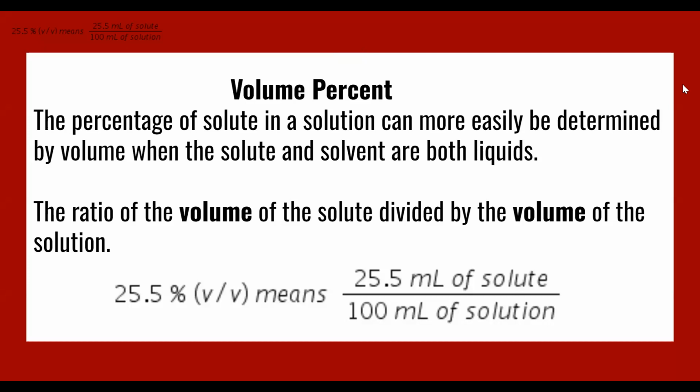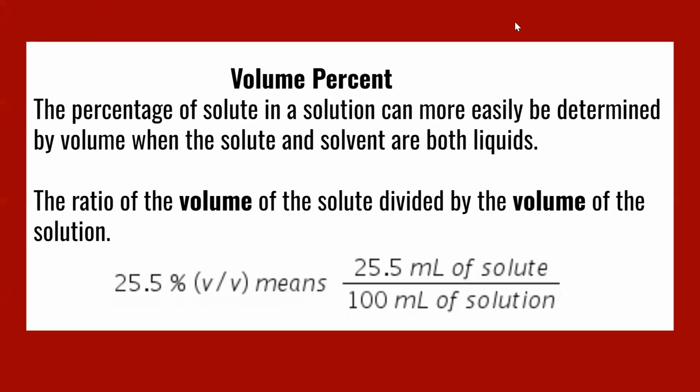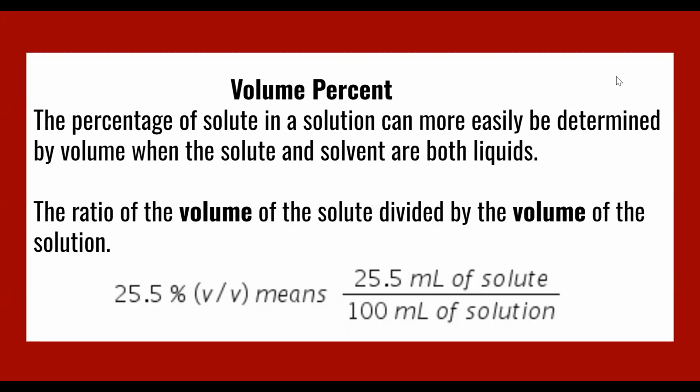The second one is volume percent. The percentage of solute in a solution can more easily be determined by volume when the solute and solvent are both liquids. So we look at the ratio of the volume of the solute divided by the volume of the solution.